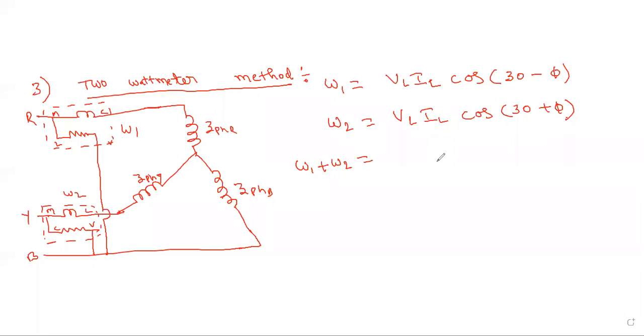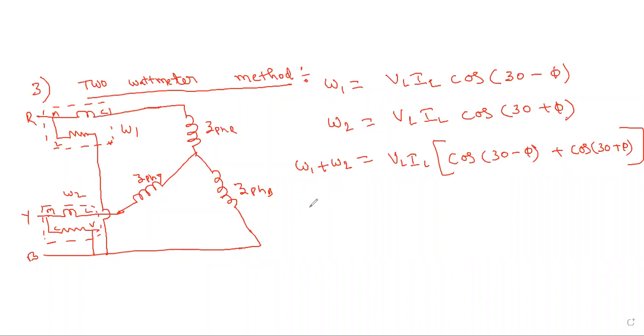W1 plus W2 is given by, okay, VL IL taken as common, cos(30 minus 5) plus cos(30 plus 5).